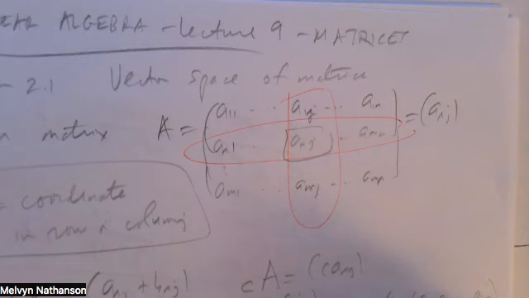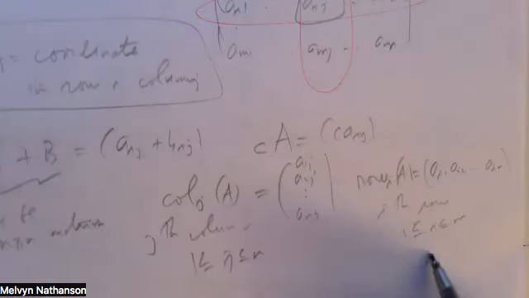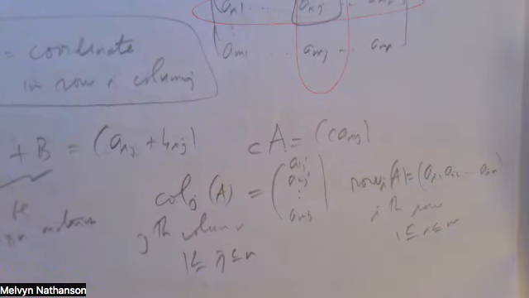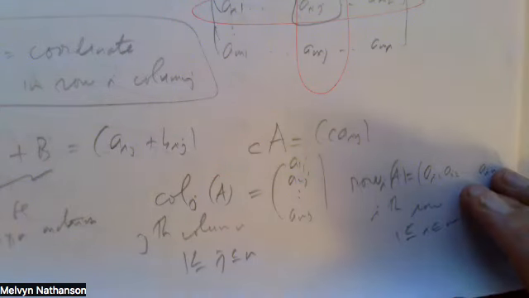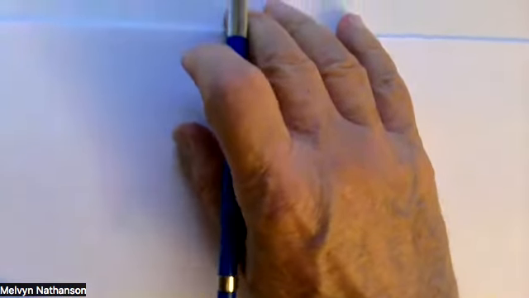And the number of rows is M, so I goes from 1 up to M. Right. And that's all there is to addition and scalar multiplication of matrices. You can add matrices if and only if they have the same shapes. Now, you can multiply matrices, but the story of matrix multiplication is different and a little bit more complicated.